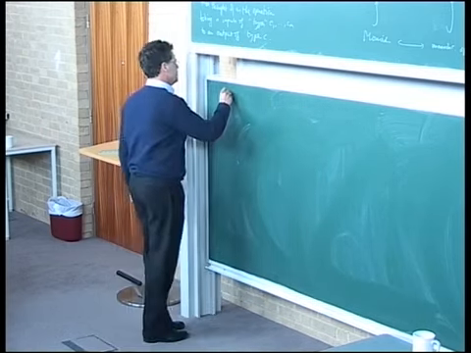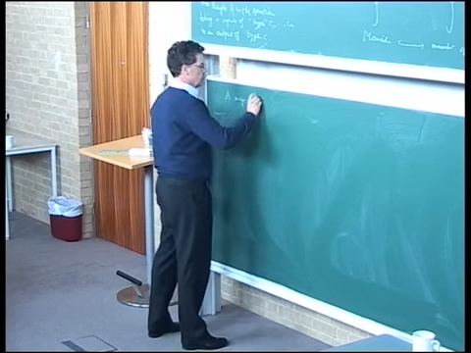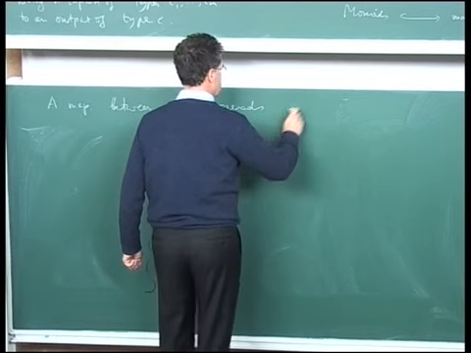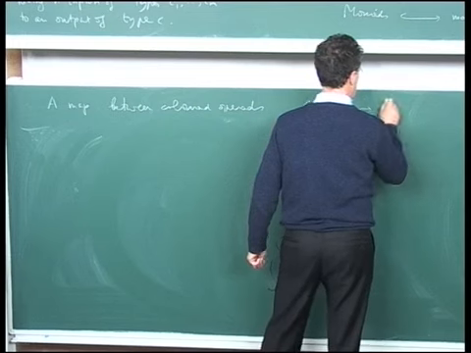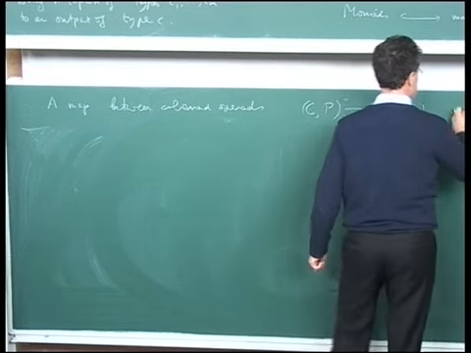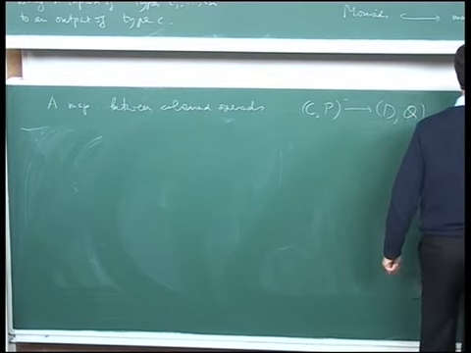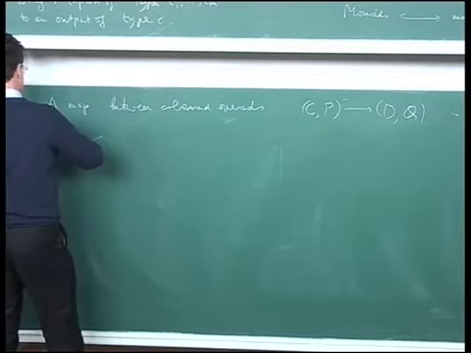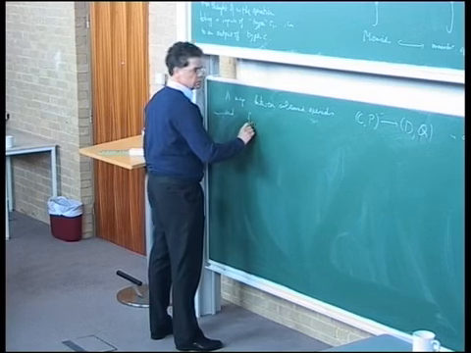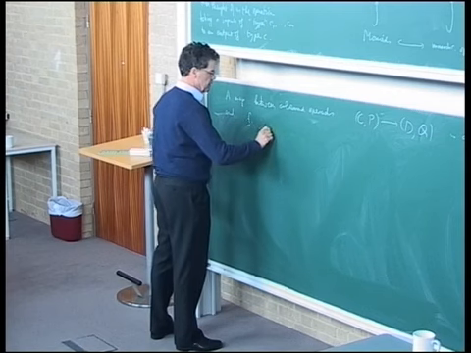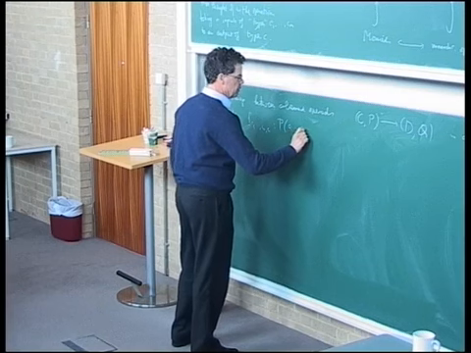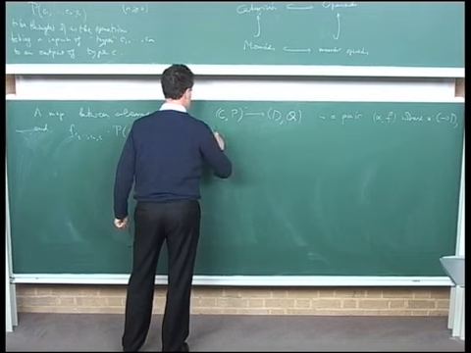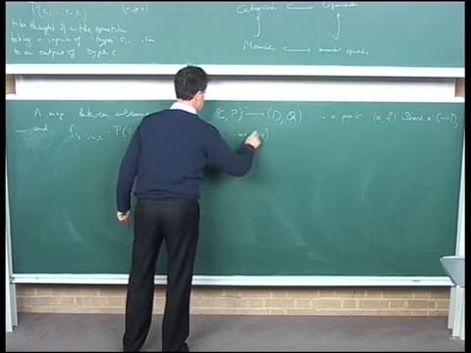Okay, so a map between colored operads, let's say (C, P) to (D, Q), is a pair (alpha, f), where alpha is a map between the colors, and for any sequence of colors C1, ..., Cn, C, f goes from P(C1, ..., Cn; C) to Q(alpha C1, ..., alpha Cn; alpha C).